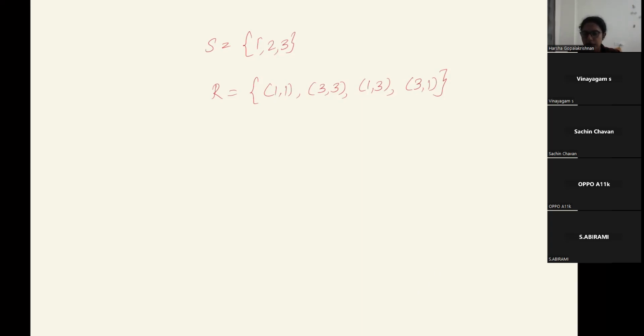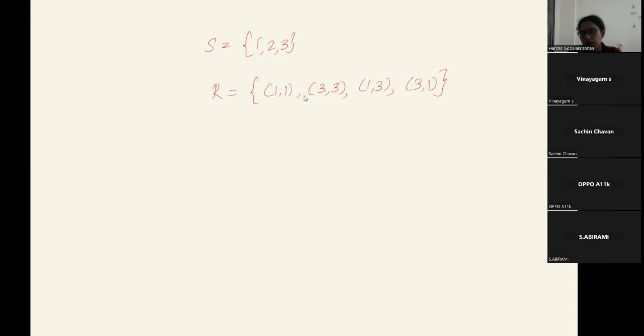Reflexive means first of all 1, 1, 2, 2, 3, 3 should be there. After that, some extra elements can be there, but these 3 elements should be there. Okay, madam. In R, all conditions are satisfied.